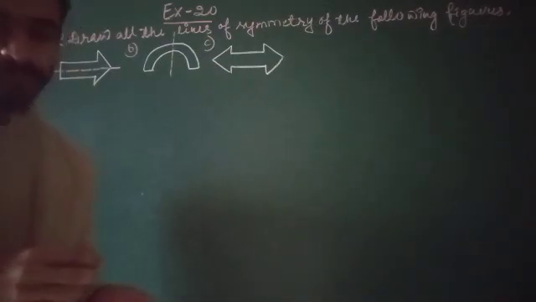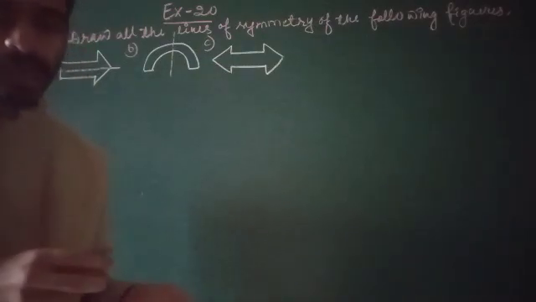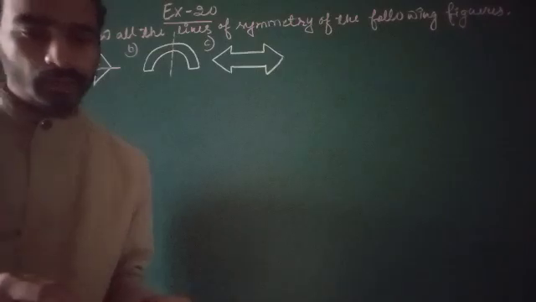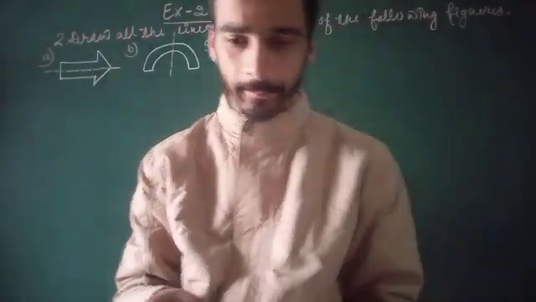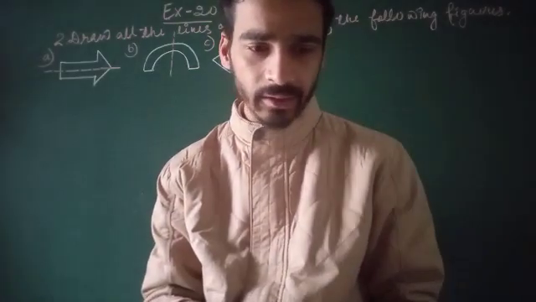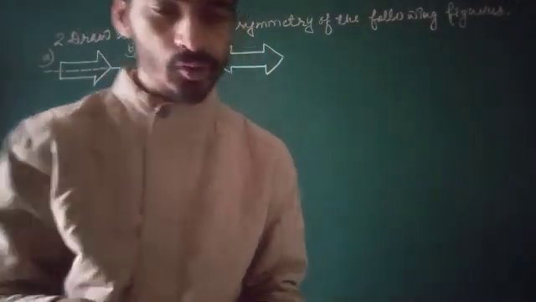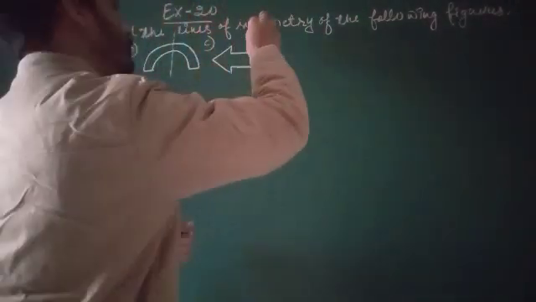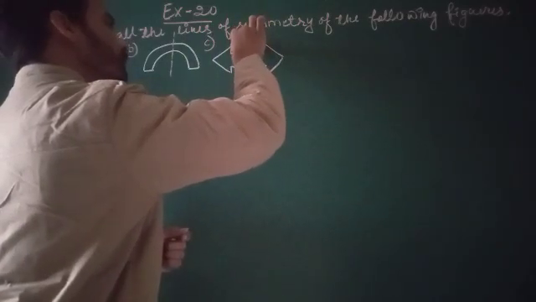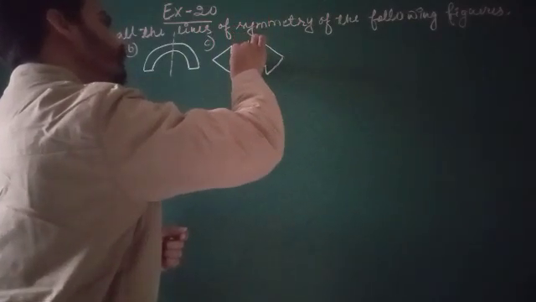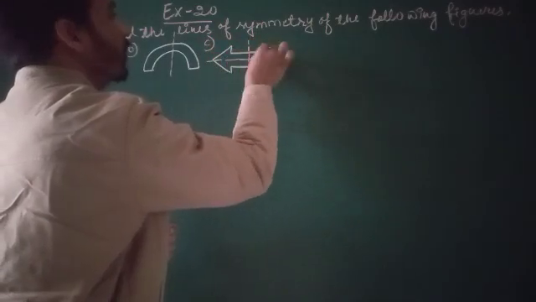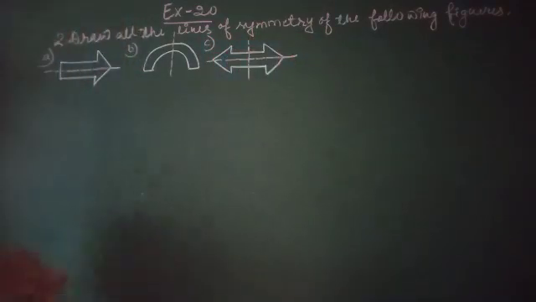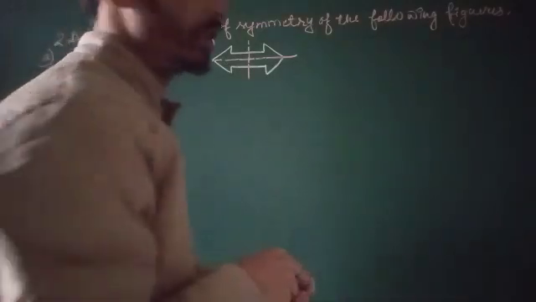In question number C, draw all the lines of symmetry. So there are two lines of symmetry: one is horizontal and the second one is vertical. Okay, and now question number D.